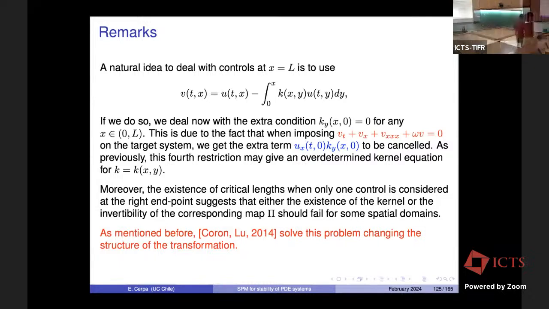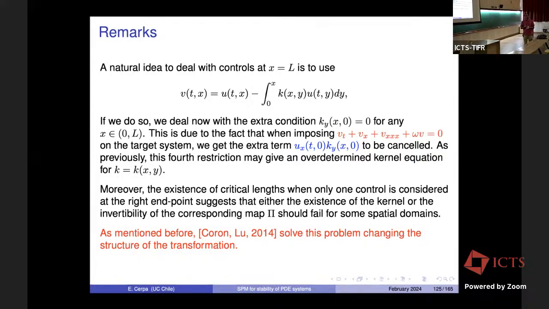But in a paper by Coron and Lü, they don't care about trouble, so they just go inside and prove that, in fact, not using this kind of Volterra transformation, but instead, I didn't write the formula, they just integrate between 0 and L on the whole domain at once, okay? And what's happening in that situation is that they are able to get the results, but in fact, the computations are very hard.